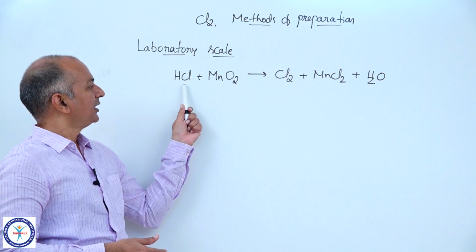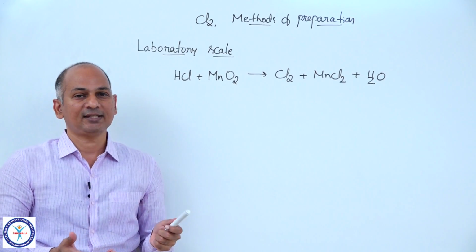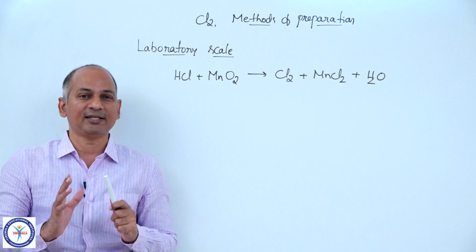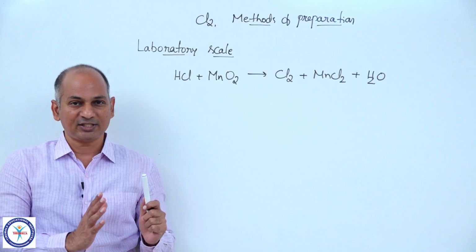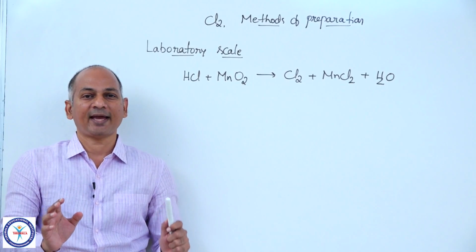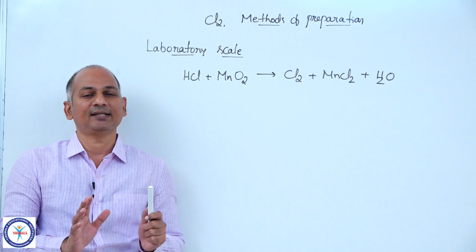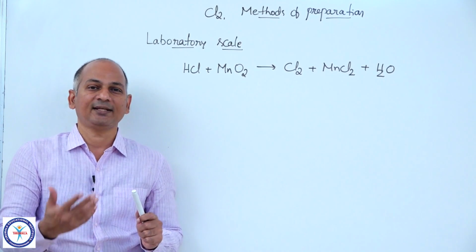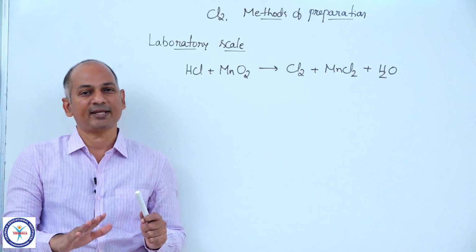And naturally the question arises, where will you get HCl from? Because when we studied the occurrence of these elements at the beginning of this chapter, chlorine is available in nature as salts, not as HCl. It is available as NaCl, KCl, MgCl2, CaCl2, not as HCl.